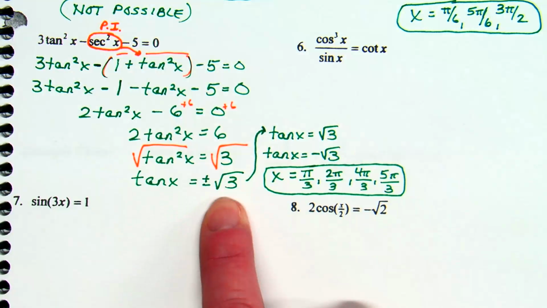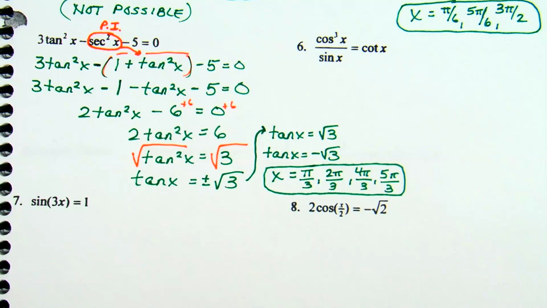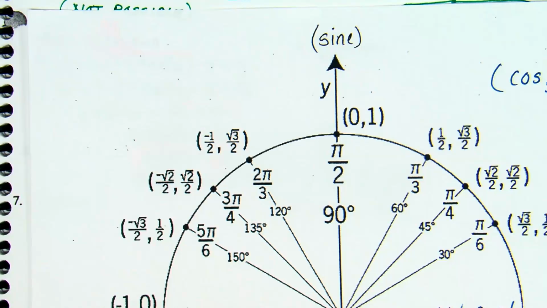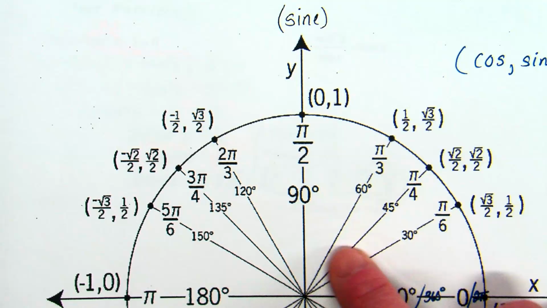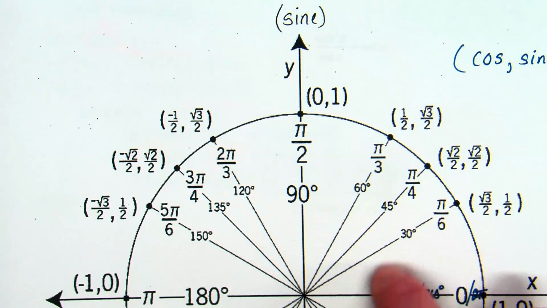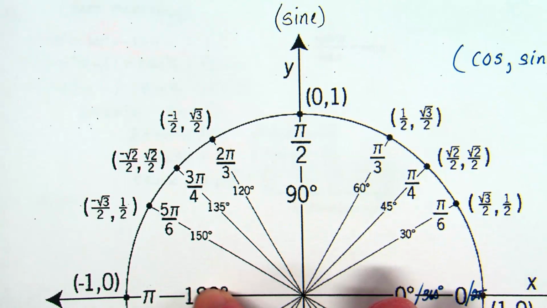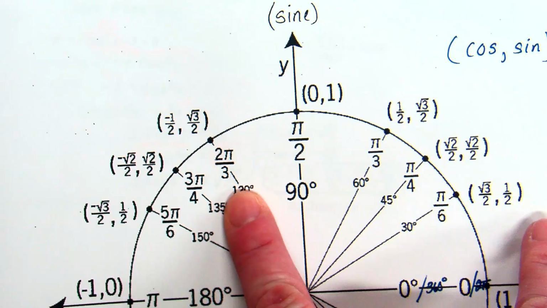Right, and that's why you have to use your unit circle. So like here, it was pi over 3 over here, right? The equivalent would be going up pi over 3 here, and going up pi over 3 here from the x-axis. Up here would take us to 2 pi over 3. Something just clicked? Okay. You're welcome.